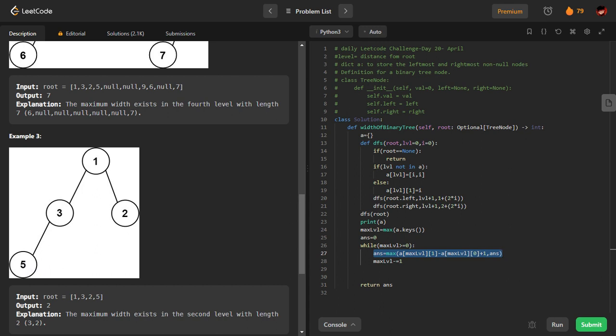The maximum will come from the level above the leaf level, that means one level shorter than the leaf level. So I'm traversing through all the levels and updating the max level. If my width is maximum, I'm updating this as well: max equal to the previous answer or the current width, whichever is maximum. Finally, I'm taking the answer.